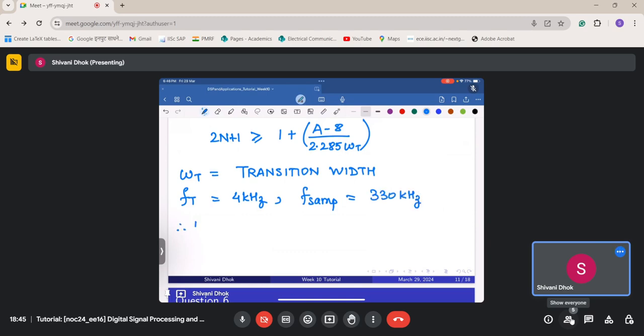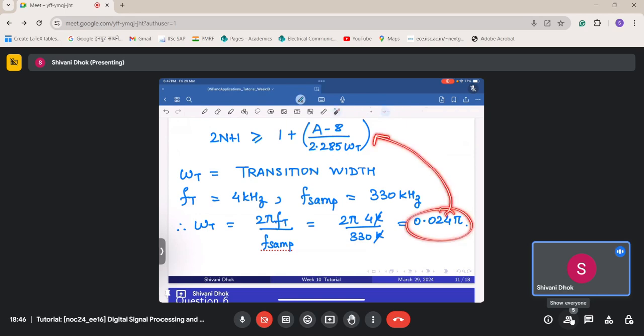So therefore omega t will be equal to 2 pi ft upon f sampling, which is equal to 2 pi into 4 kilohertz upon 330 kilohertz, and this comes out to be equal to 0.024 pi. Okay, so now we have the transition width and now we can substitute this particular value in this equation.